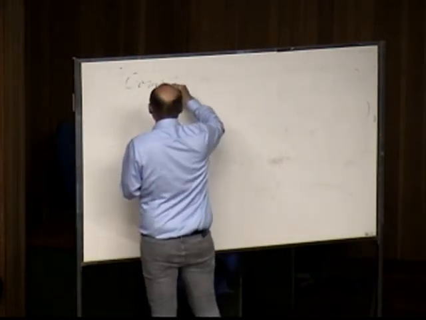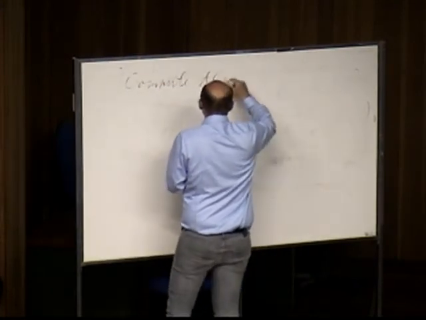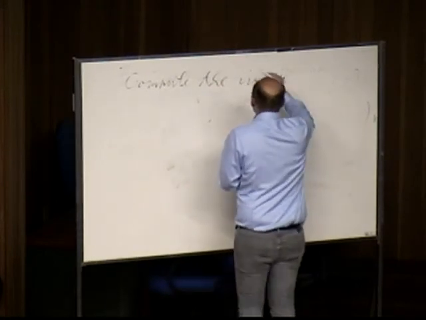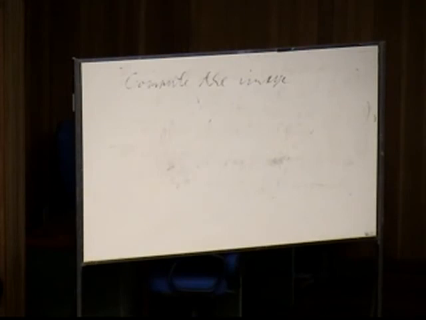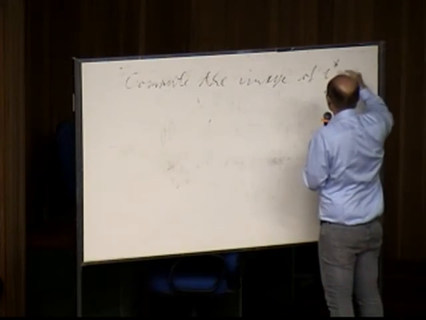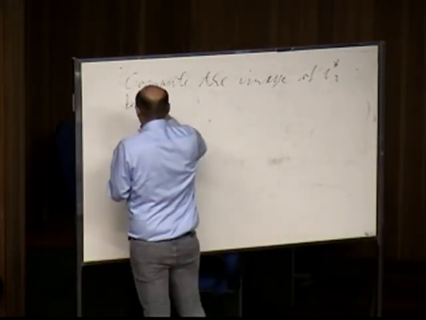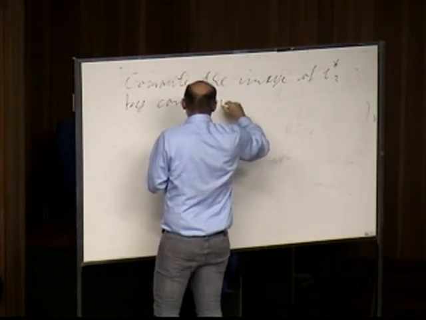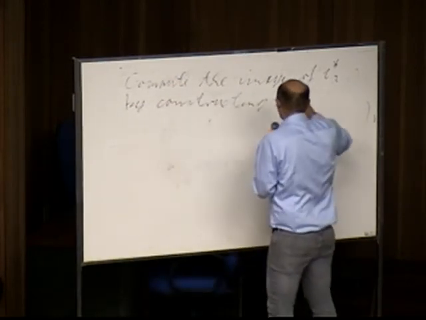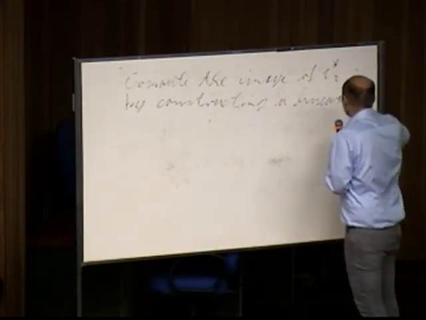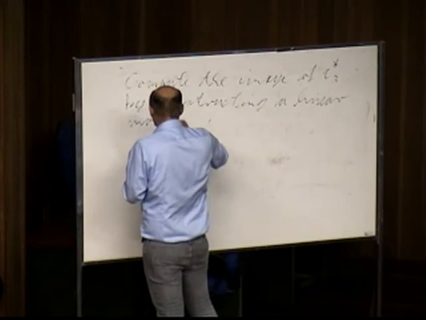So, and the basic idea is then compute the image of, say, iota star, by constructing a linear model for the action.